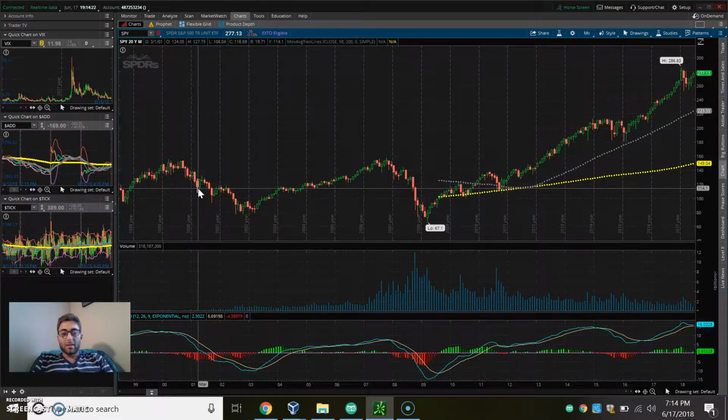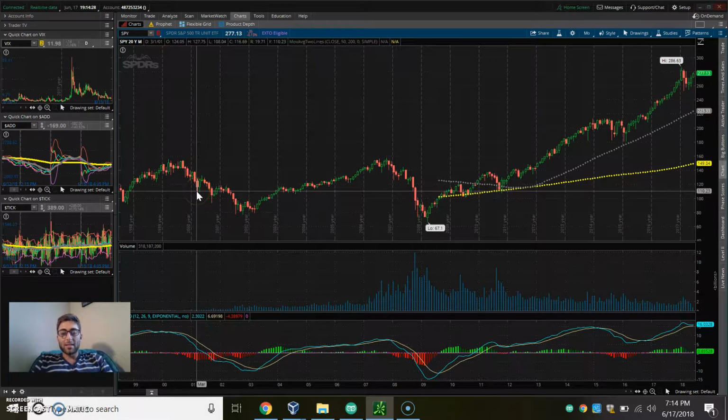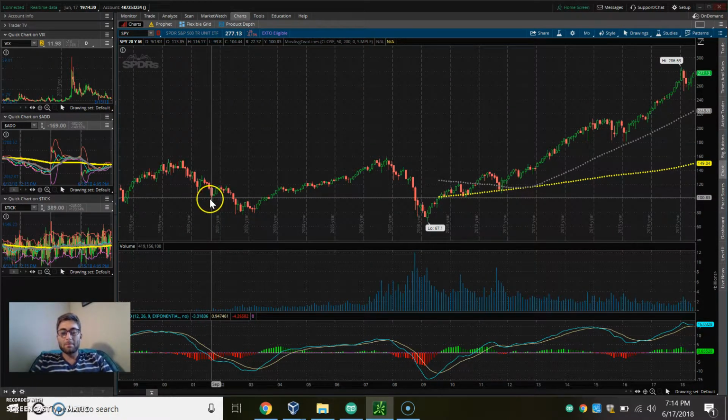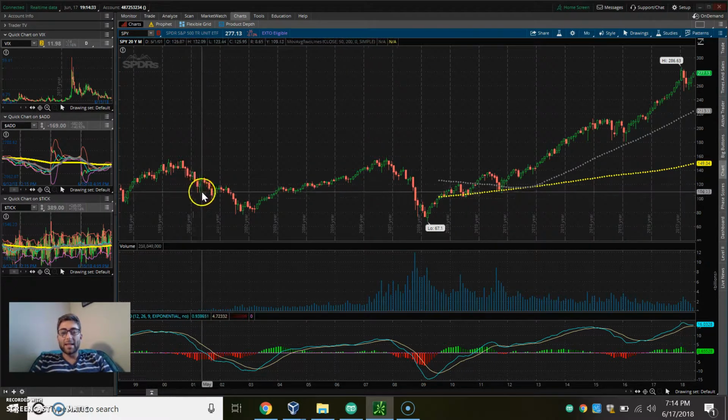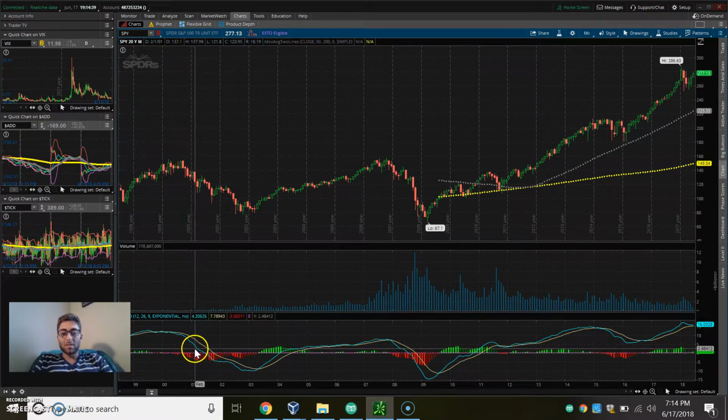Right here the MACD distance is pretty large, so I'd probably be buying this dip. Once you see the tails on the candle form, that is when I like to buy. And then I go to the MACD to confirm it. And what I hope to do is I hope that these lines get closer together.